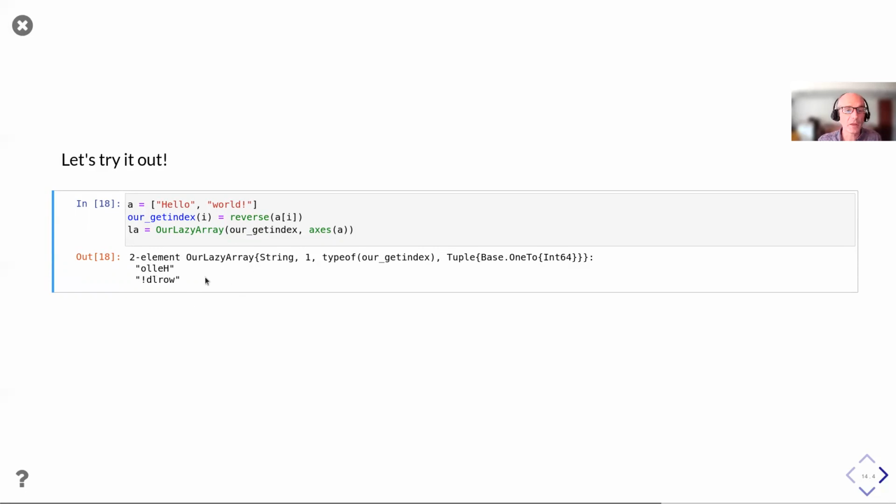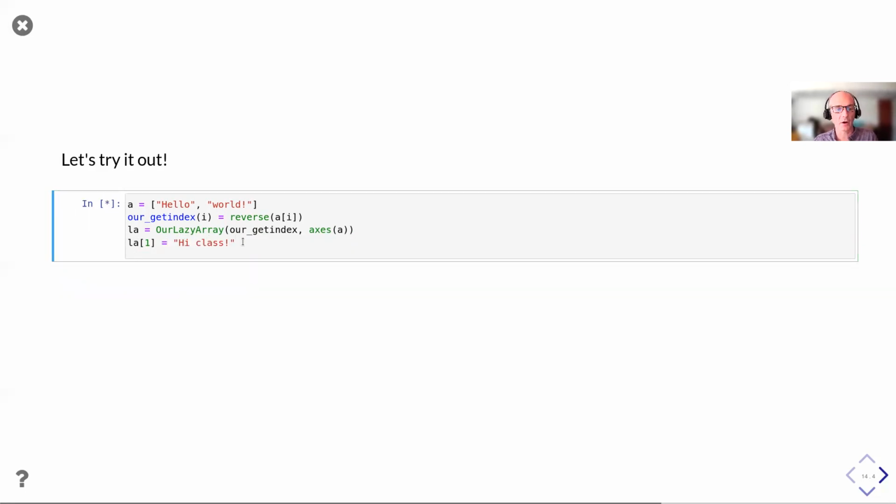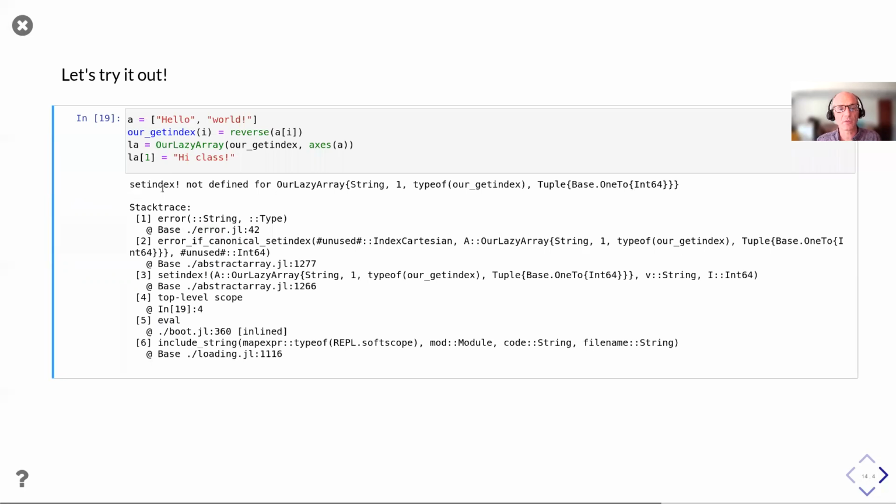Now, there is no storage in such a lazy array that actually exists. If I add one additional line here and I try to set the value of the first entry, it's going to give me an error. The reason is that we've not defined ways to set values in lazy arrays.